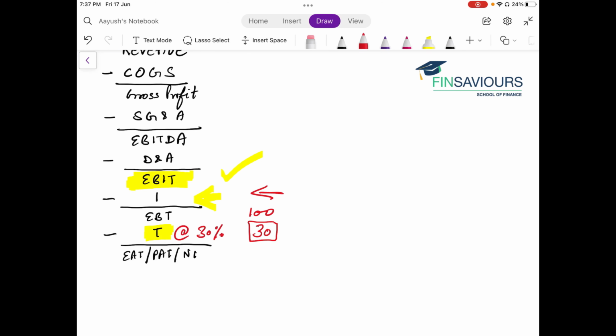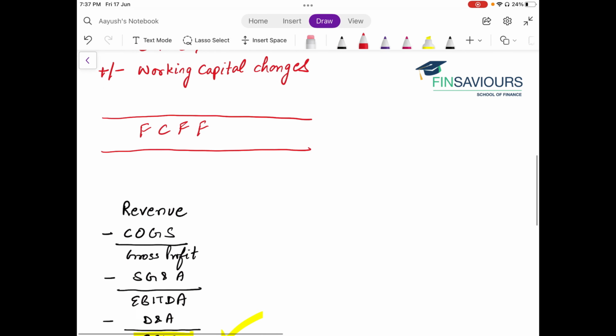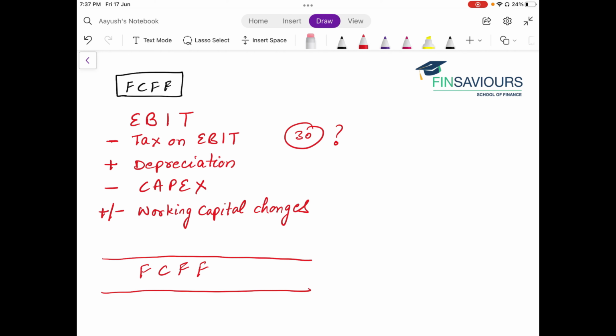You have included that interest. And that is the reason I cannot take this to be the same as that of income statement. Right? I need this tax on EBIT. See this word, on EBIT. So whatever EBIT you are assuming, you multiply the tax rate and find out tax on EBIT.